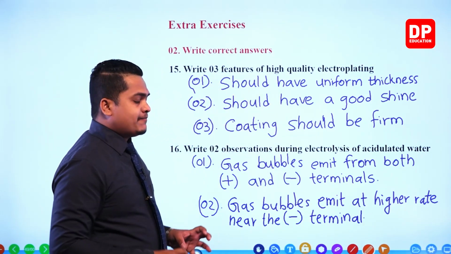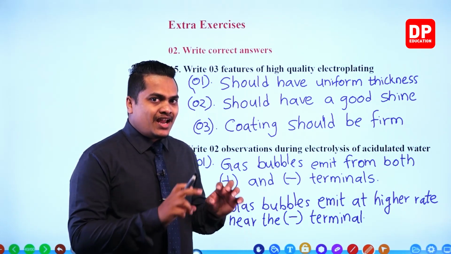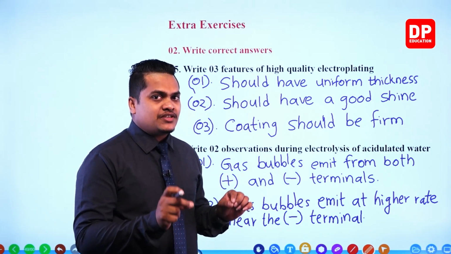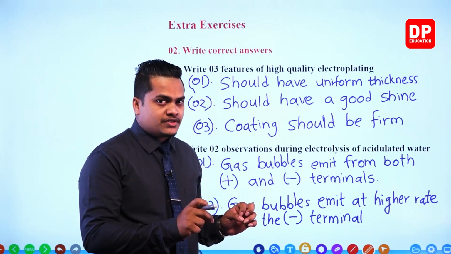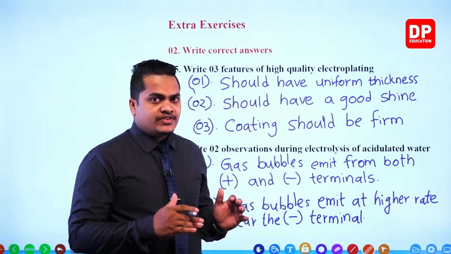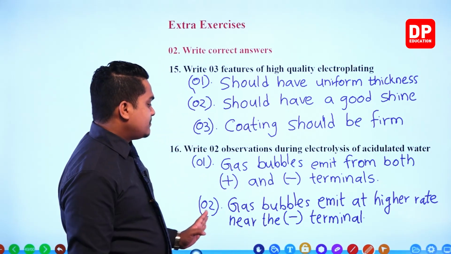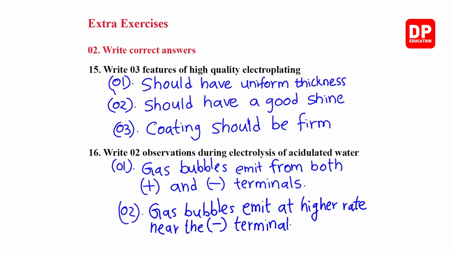That means we can collect more gas at the negative terminal, because at the negative terminal hydrogen is the gas which is getting produced. So the amount of hydrogen gas which is going to release is greater than oxygen. So therefore, my dear children, gas bubbles emit at a higher rate near the negative terminal.